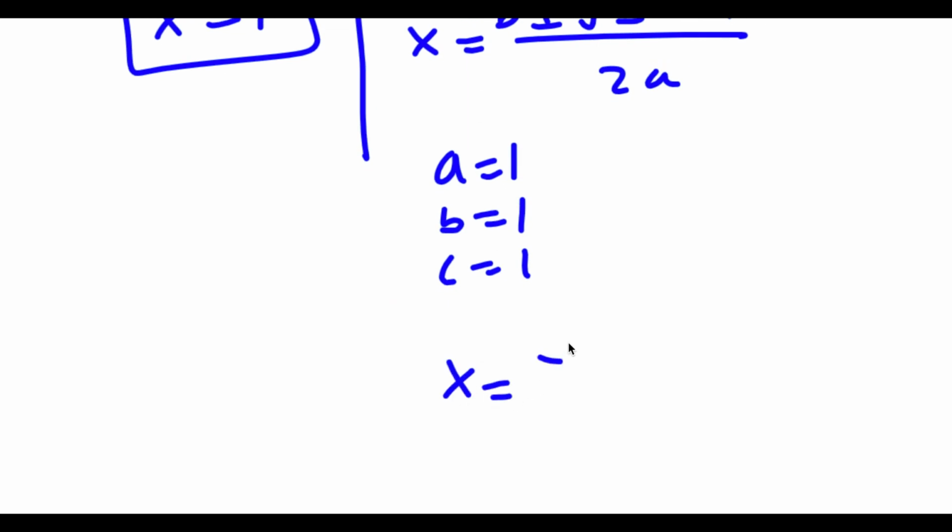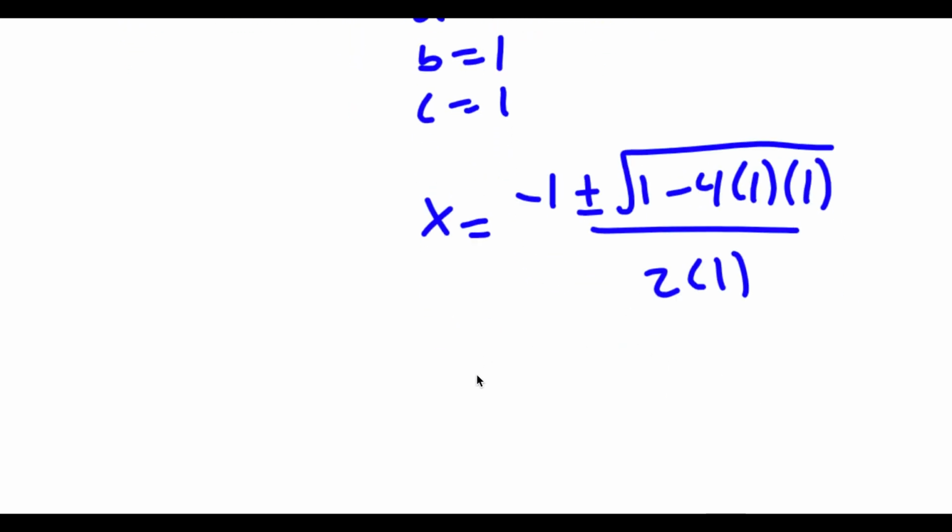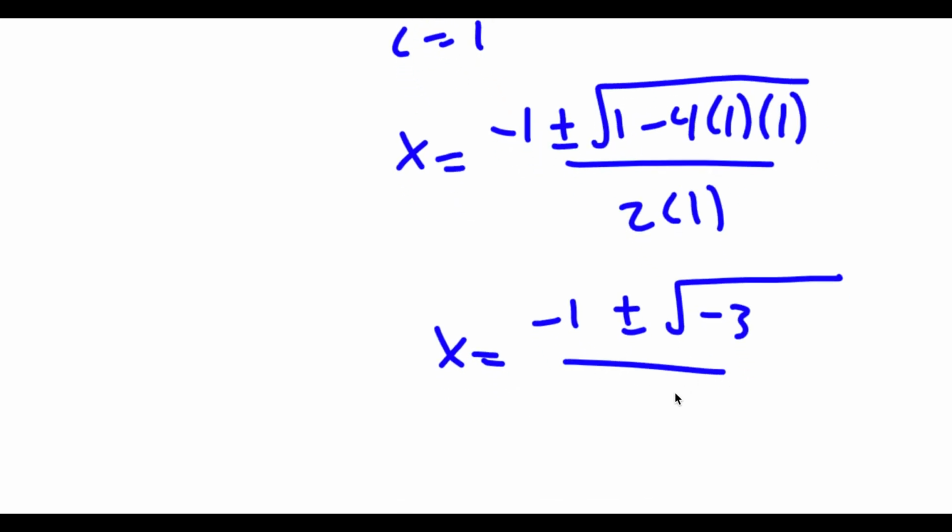So I get x is equal to negative 1 plus or minus the square root of 1 minus 4 times 1 times 1 all over 2 times 1. This is equal to negative 1 plus or minus the square root of negative 3 over 2.